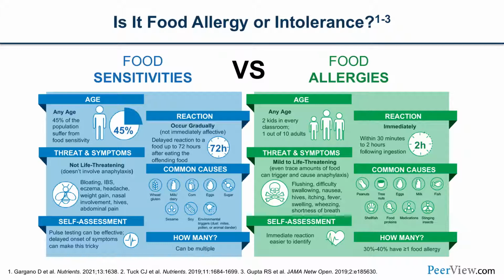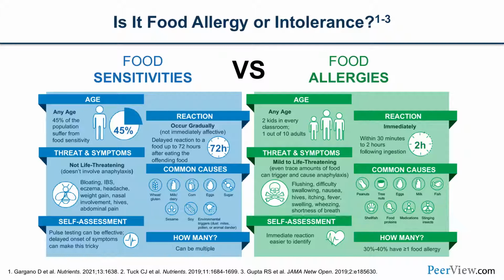This is different from food allergies, which can also occur at any age. IgE-mediated food allergies typically occur within 30 minutes after the patient eats the suspect food and can occur up to 2 hours for most foods. They can cause mild or severe allergic symptoms, and these can be life-threatening allergic reactions.